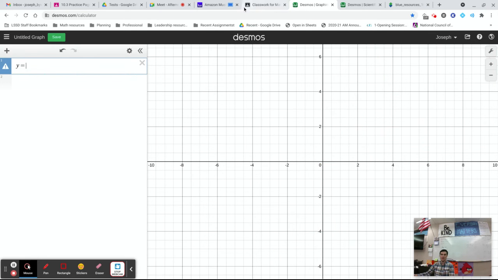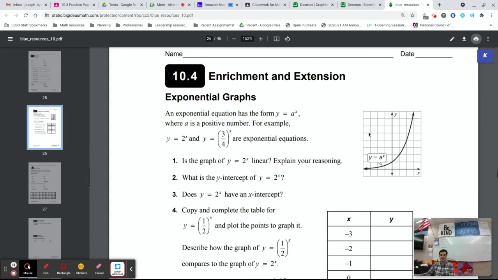If I go back to my worksheet here, I can see that an exponential equation looks like this: y = a^x, where we can choose a, the base of the exponent x. So here's an example, y = 2^x.